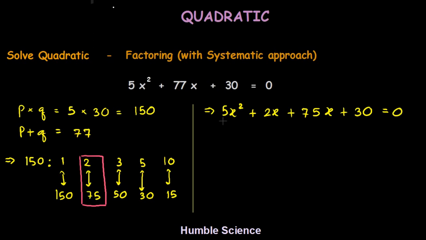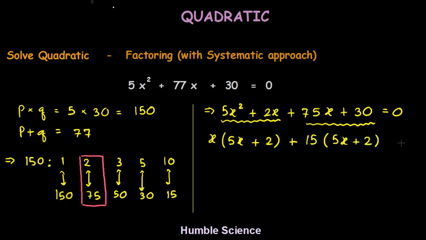And now we can split it into two parts, here and here. Now we can pull out the common factor, which is x. So we are left with 5x plus 2, plus the common factor over here is going to be 15. So 15 times 5x plus 2 equal to 0.